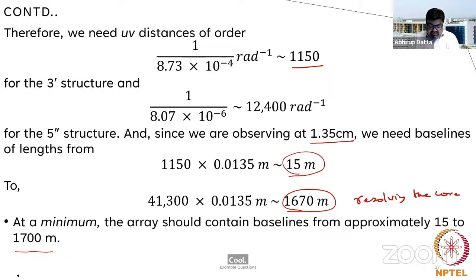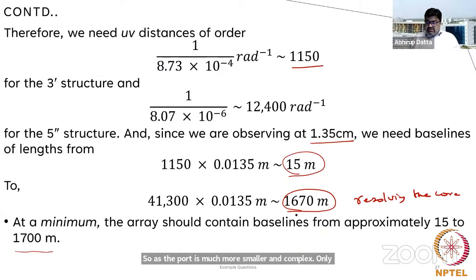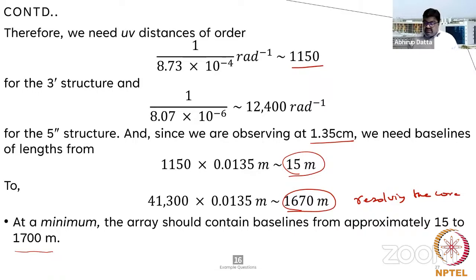So 15 meter is for resolving the source of 3 arc minute angular size, and the brighter central core component of about 5 arc seconds needs more. As the core is much smaller and more compact, you need a longer baseline to resolve it. At 1.35 centimeter, it is about 1670 meters or 1.67 kilometer, and 15 meter is just for resolving the source.